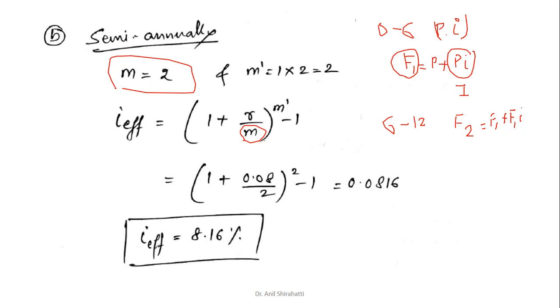Two, semi-annually, two 6-month periods. That's why it is 1 into 2. Generally, m and m dash we will always use as the same, as a rule of thumb. So 0.08 by 2, raised to 2, we get around 0.0816, or 8.16%. You can see the effective interest rate has increased.